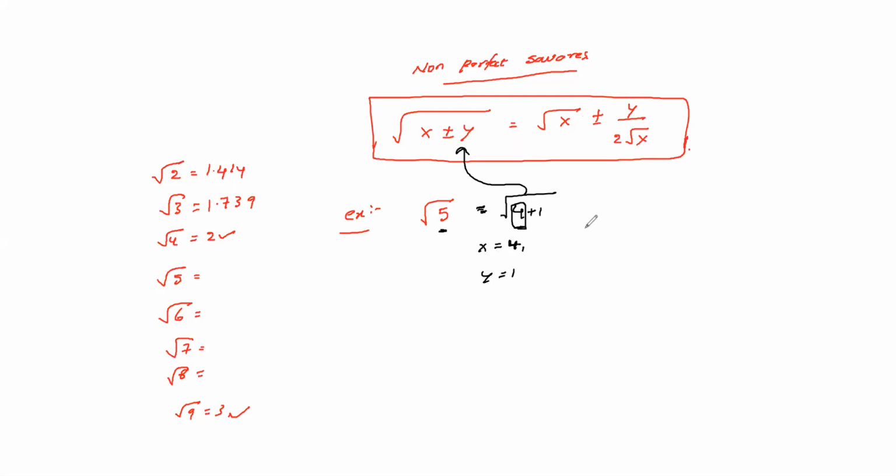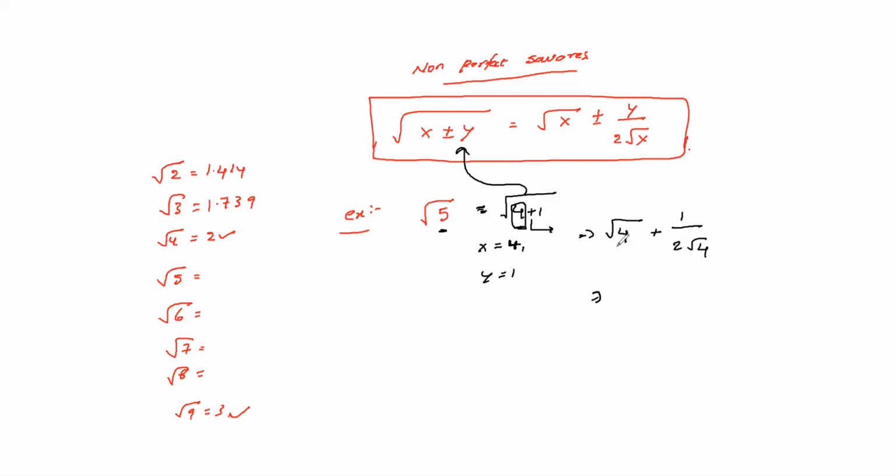When I substitute into the relation, remember I told you the x value should be a perfect square. So here I am substituting root 4. Plus stays plus, minus stays minus. So plus y is equal to 1 by 2 root x, and that x is nothing but your 4.